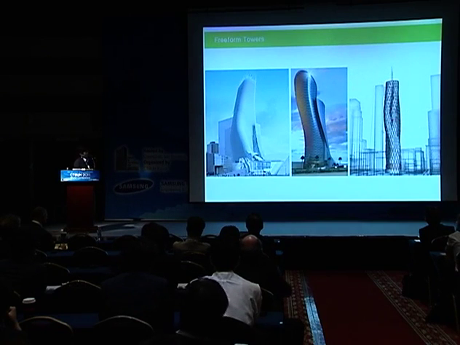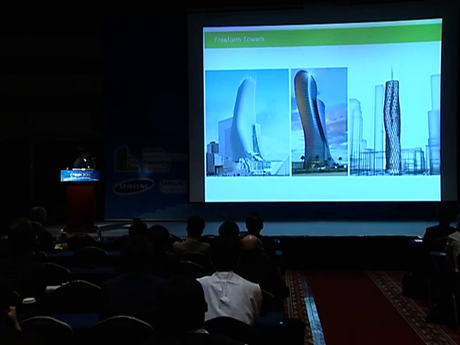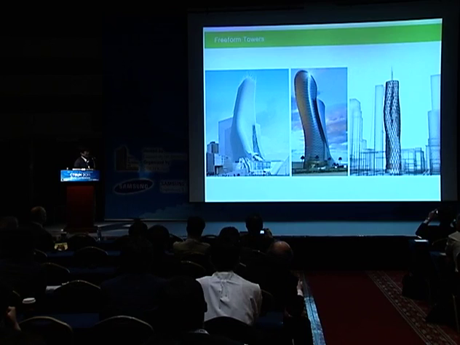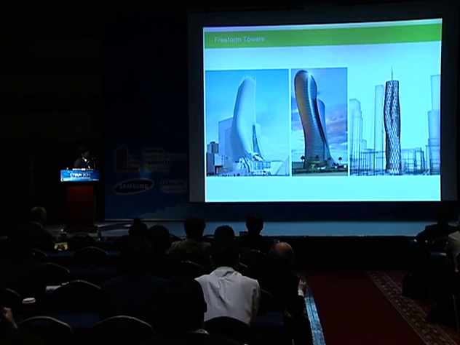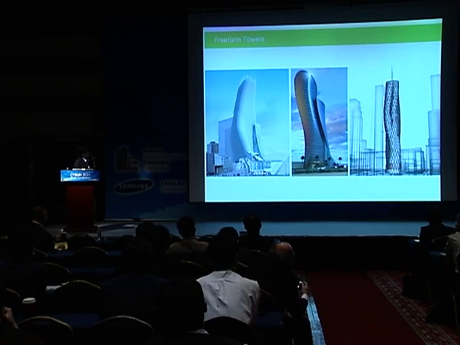The last group I'll present is the freeform towers. The first one is again the Fair Tower, freeform and tapered, the next one is the Capital Gate Tower, and the third one is one of my students' design works, all freeform towers. In this case, you can see other examples than I showed for the twisted, tilted, and tapered towers.